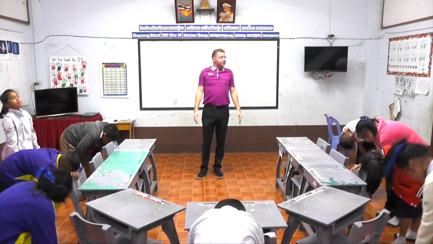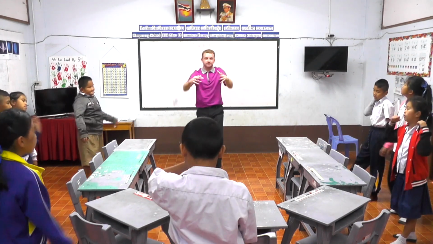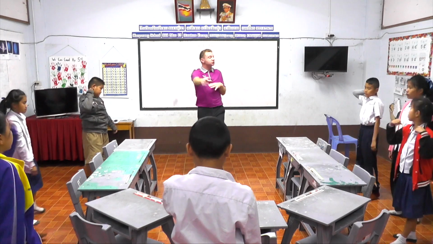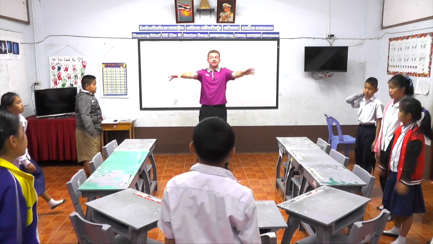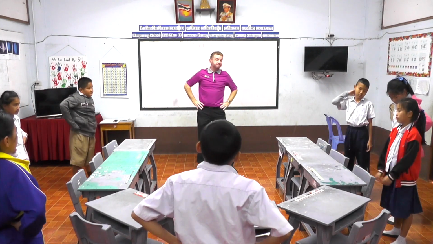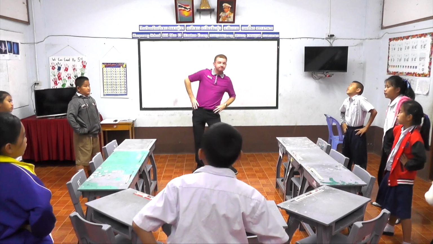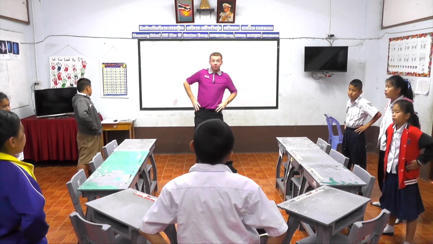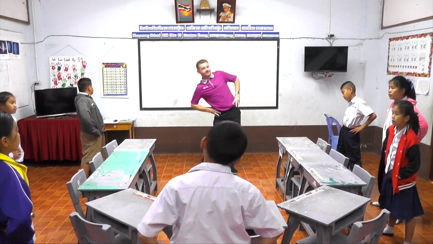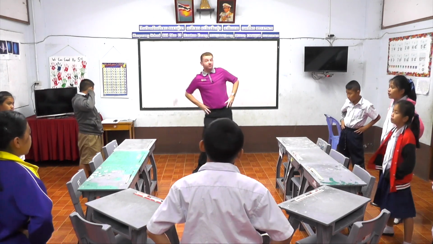Excellent guys, now stand up and have a shake. Arms and legs, shake it out. Shake it out, arms and legs. And then hands on hips. We can have a wiggle side to side. Stop. Another wiggle side to side. Stop.